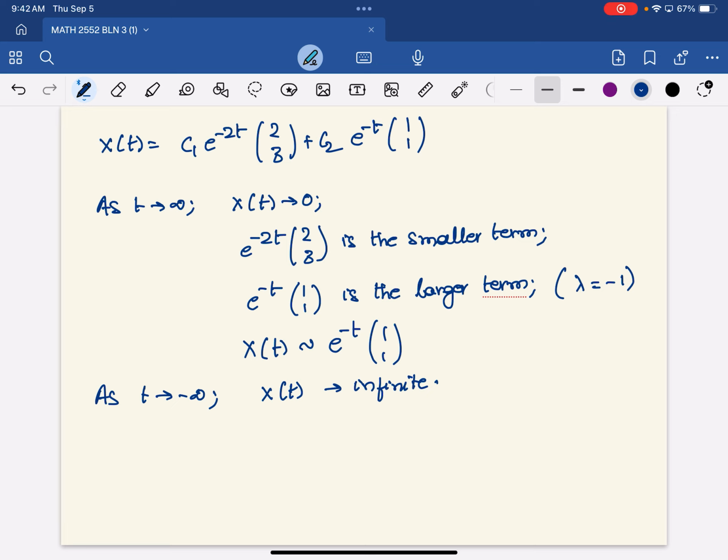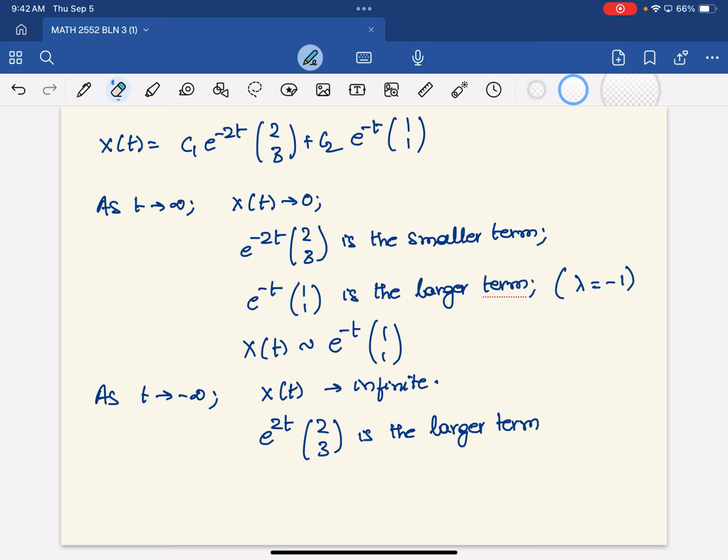And when the solution becomes unbounded, you can see that e to the negative 2t times (2, 3) is the larger or dominating term. So my solution is greatly influenced by this term, e to the negative 2t times (2, 3). Do you agree with me on that?